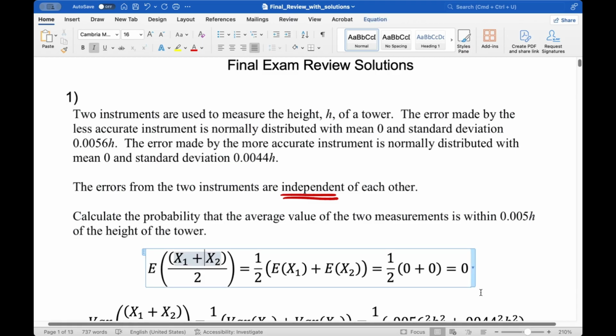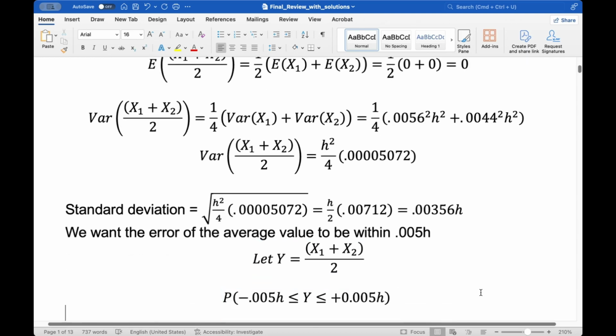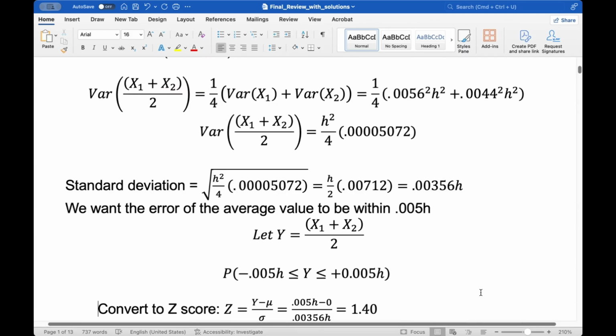Each of these is normally distributed, so the average will be normally distributed. Let's call that y. We want y to be within 0.005h, so plus or minus 0.005h.